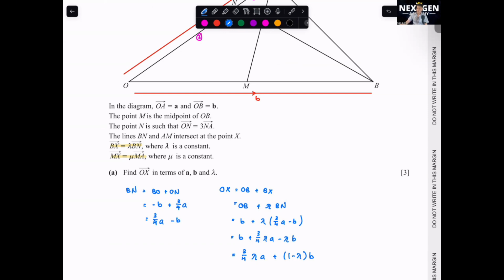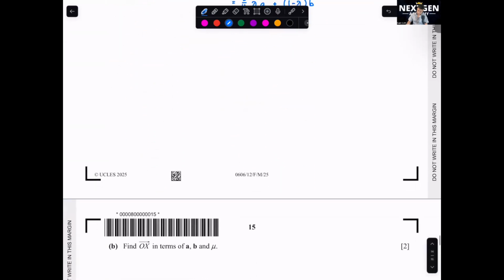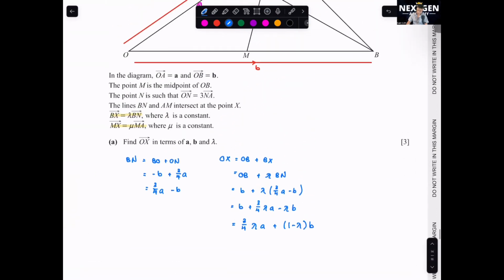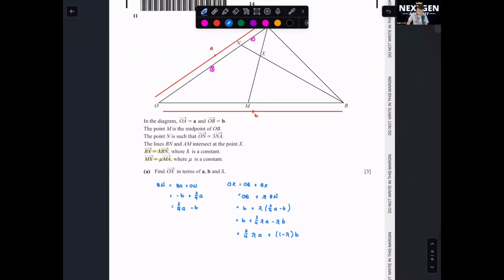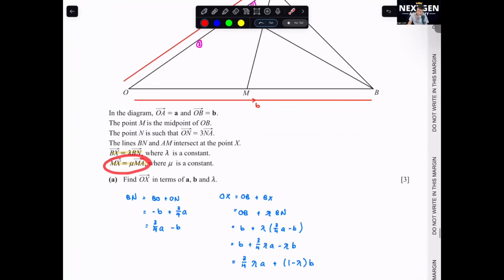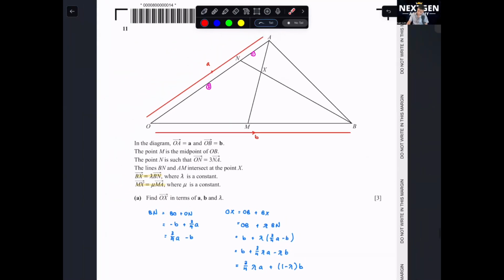Okay, the next one. OX in terms of a, b and mu. Mu is from MX. MX equals mu MA. We want to find what MA is first. MA is MO plus OA.